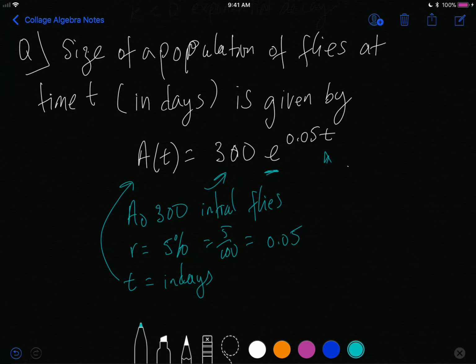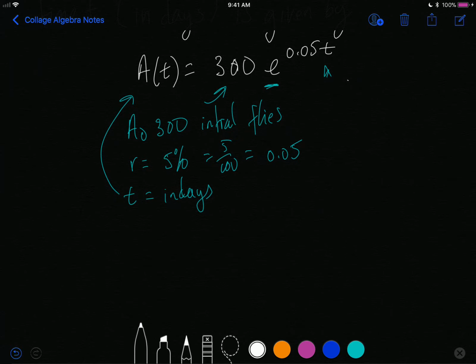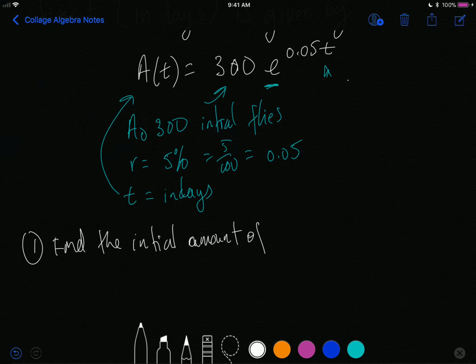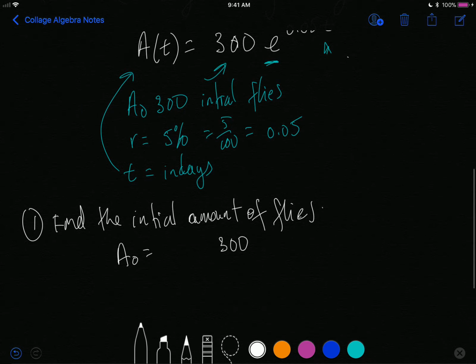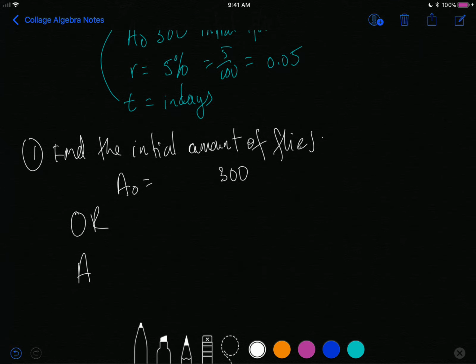So question: find the initial amount of flies. Question number 1. Well, that's easy. Simply A0 is equal to 300. So the initial amount of flies is 300. If I wanted to work this out, I could plug in time of 0.